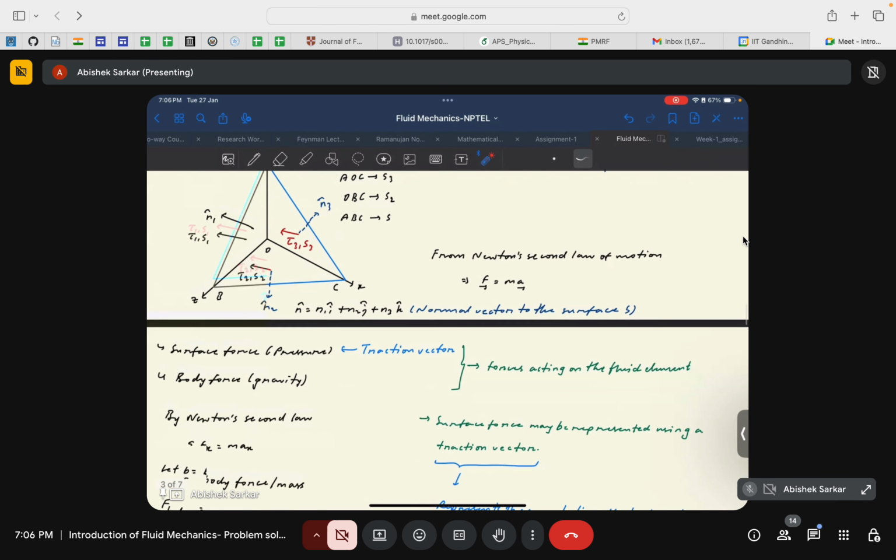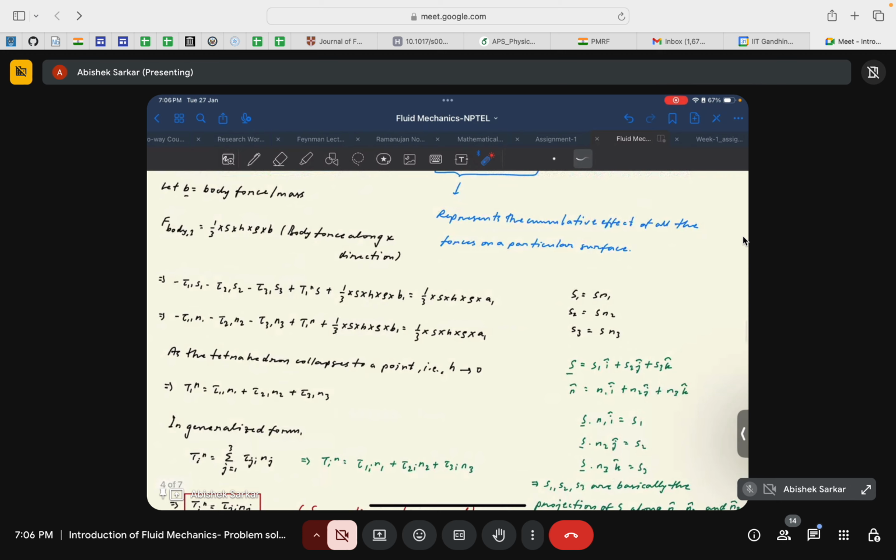Okay, so you can define the surface S by the help of the area vector for this particular surface S: S1 i cap, S2 j cap, S3 k cap, and the general normal vector is n1 i cap, n2 j cap, n3 k cap.